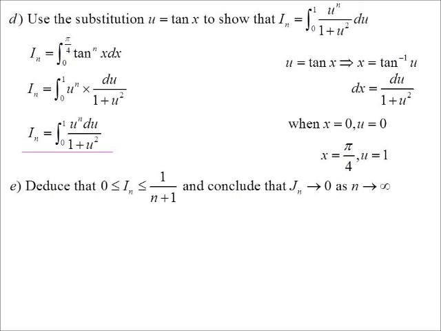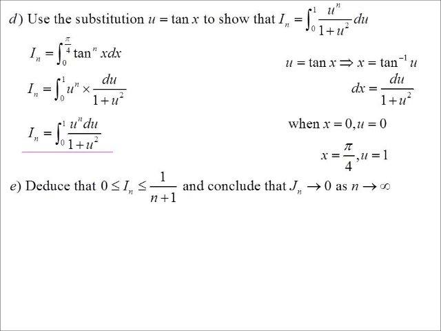But there was more. Now, we're going to deduce that I_n is always in between 0 and 1 on n plus 1, and then we should be able to conclude that J_n approaches 0 as n approaches infinity. Yes, I'm sure you're looking at it too and thinking, well, that's obvious. Right.